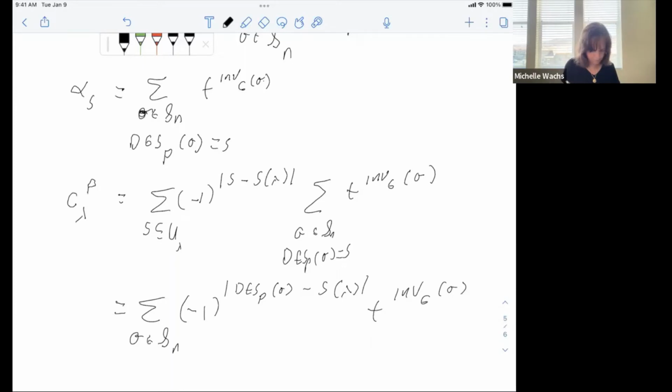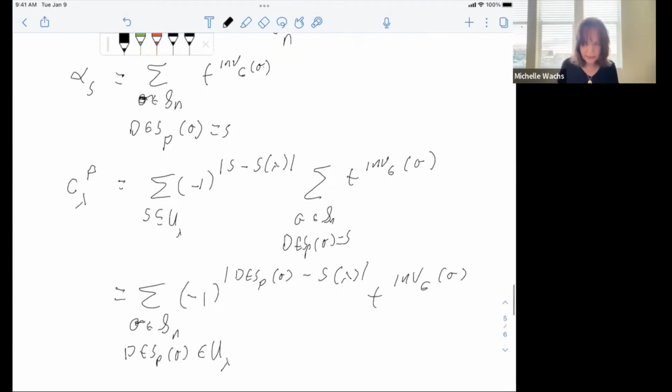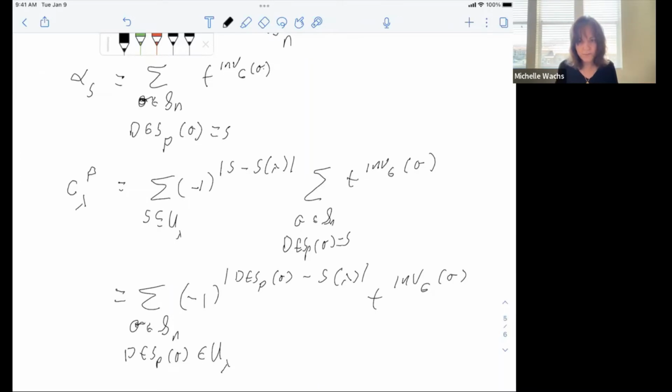And then, it's not quite right because we can only sum over the permutations whose descent set is in U lambda. So that means the descent set has to be lambda unimodal, the P descent set. And that strange terminology, lambda unimodal, will be explained when we think about descent sets.